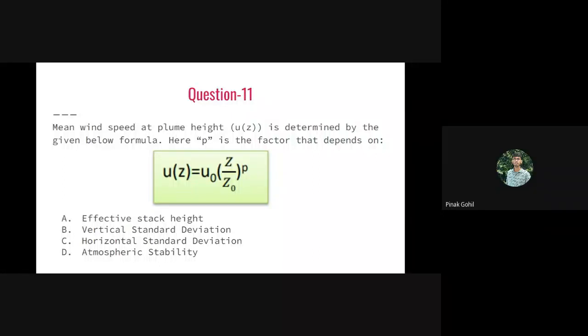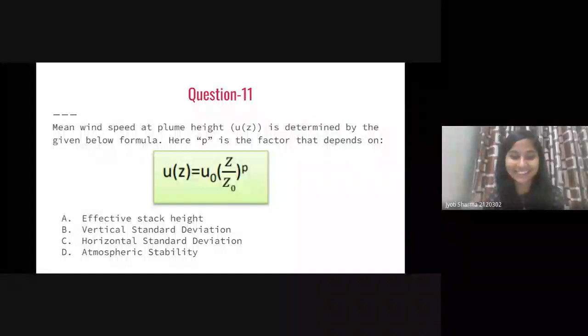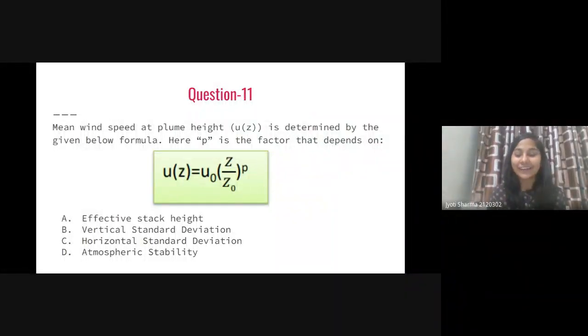Ma'am, I think effective stack height, because x-axis and y-axis are representing horizontal and vertical. So I'm guessing that A will be the answer. No, because this is not among the assignment questions, you are giving the wrong answer. I'm happy that you are giving the wrong answer. Anyway, I give you one example.